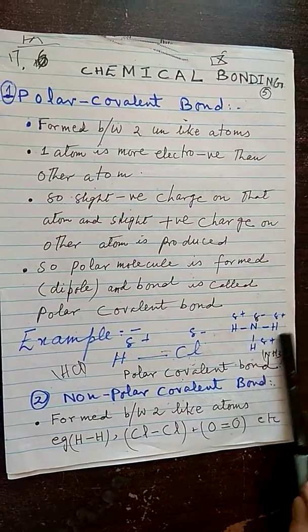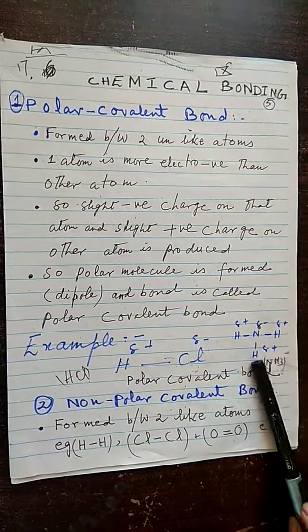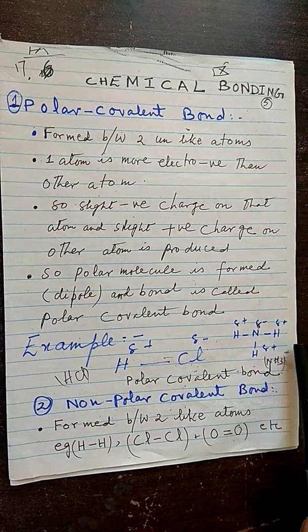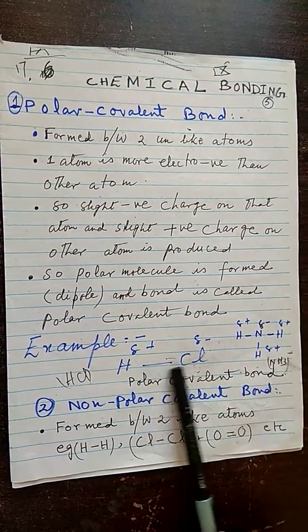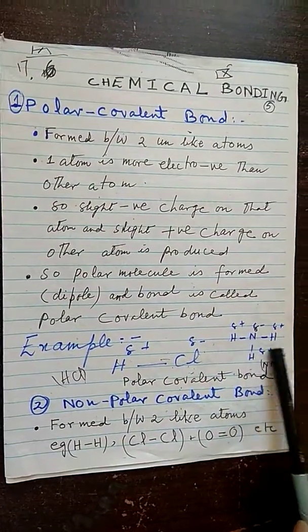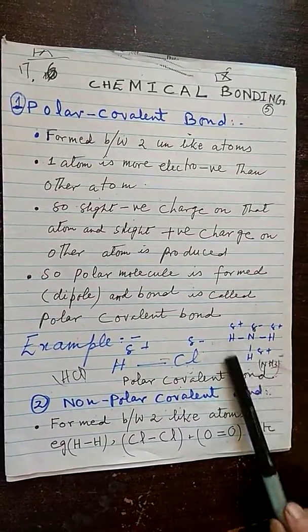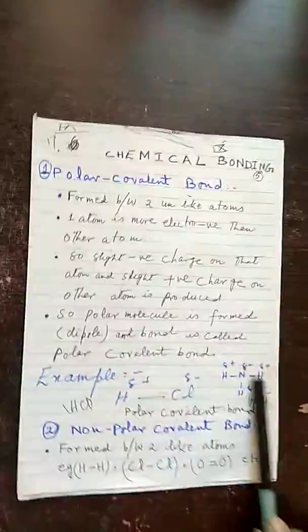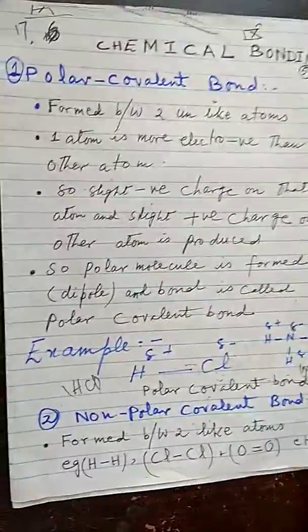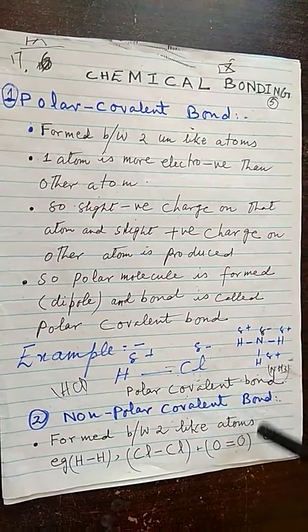Because nitrogen is more electronegative, the electron pair, denoted by the dash line, is shifted towards the nitrogen. This dash line means 1 electron pair. Nitrogen gets a slight negative charge, the hydrogen atoms get a slight positive charge, and a polar molecule is produced. Now you clearly understand what is a polar molecule.